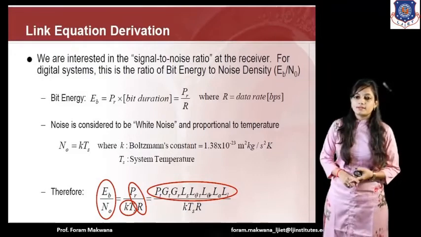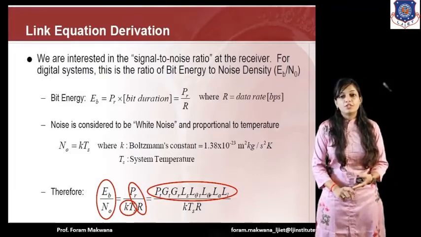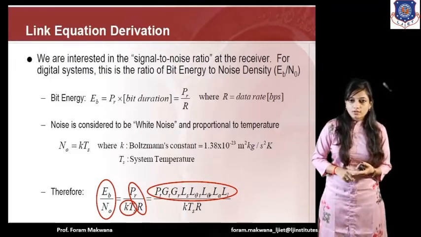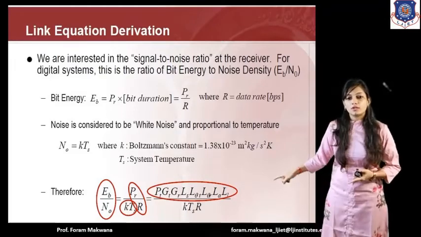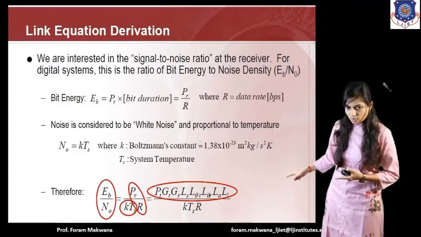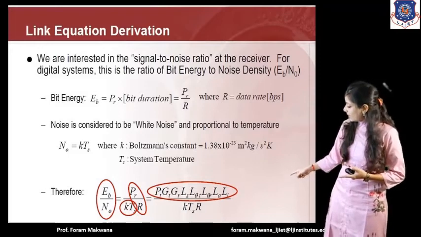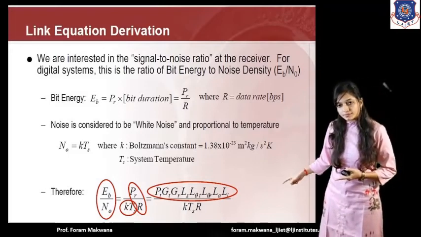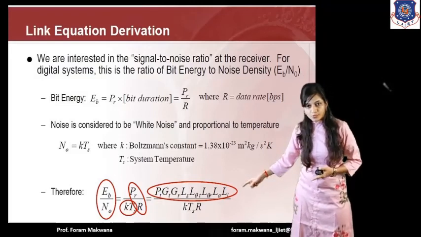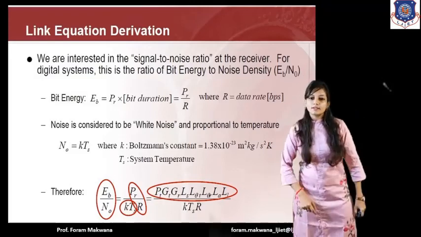What is PR? PR is my received power. We need to consider all the losses: atmospheric absorption, antenna pointing loss, and the cable loss. So over here, PT GT GR into LS, that is the path loss. L theta T into L theta R, that is the antenna pointing loss. LA represents atmospheric absorption and LL represents the cable loss.